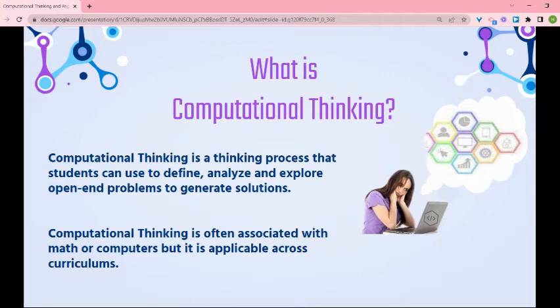What is computational thinking? Computational thinking is a thinking process that students can use to define, analyze, and explore open-ended problems to generate solutions. Computational thinking is often associated with math or computers, but it is applicable across curriculum.